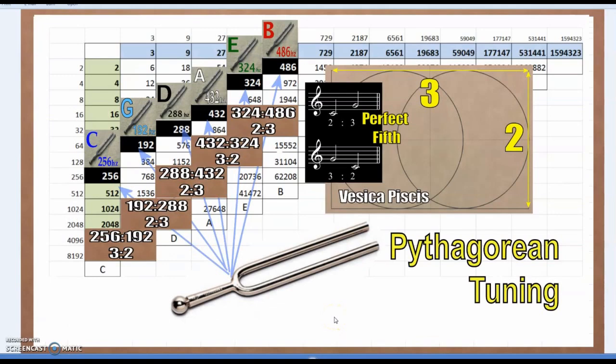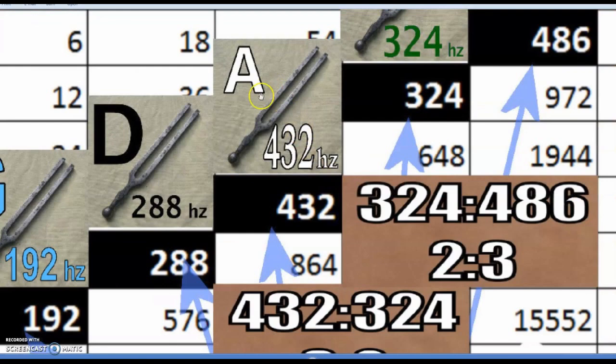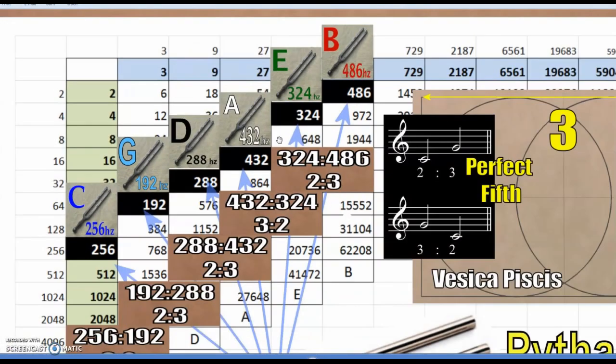We'll be coming back to this, but for instance, Pythagorean tuning: you might have heard about 432 versus 440. Here we have the idealized Pythagorean tuning. Some people like 431.5, but 432, firstly in the number sense, is quite nice. In this chart we have 256, 192, 288, 432, 324, 486.